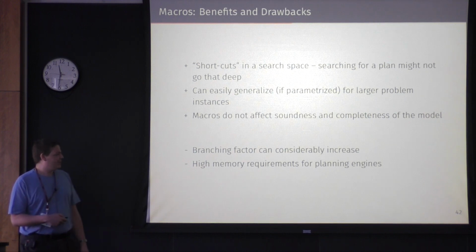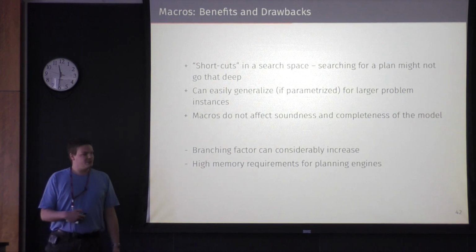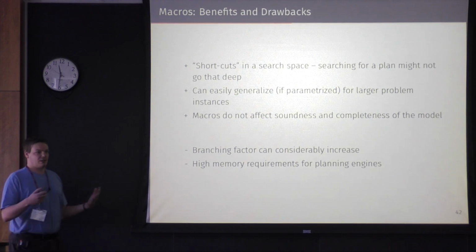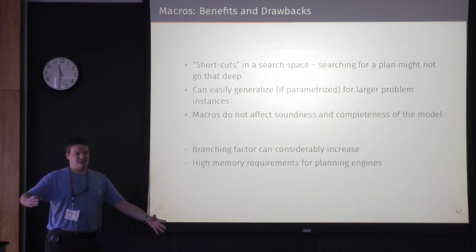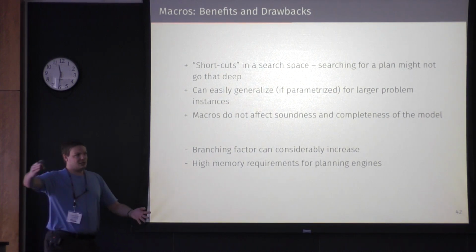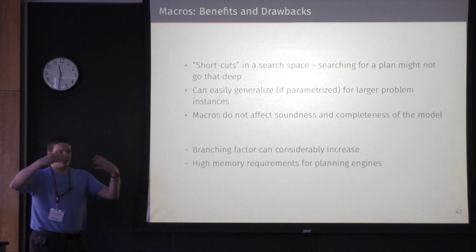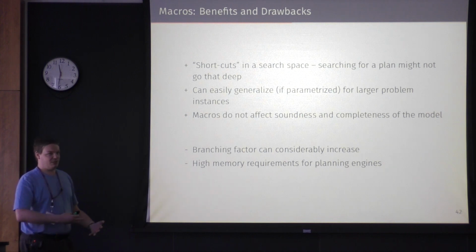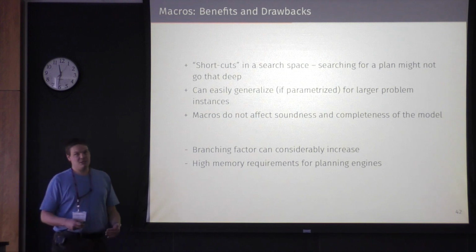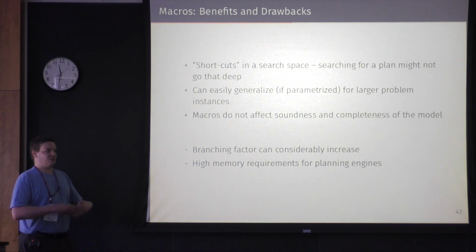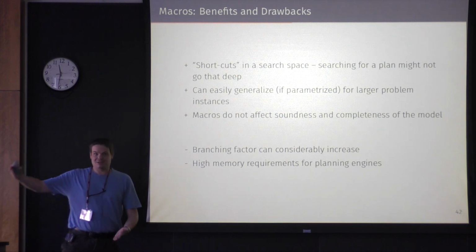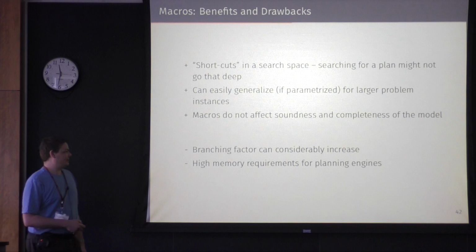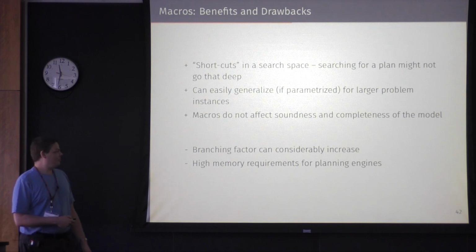So the problem with macros is solvable if and only if the original model is solvable. On the other hand, the problem with macros is that they can have a lot of instances because they cover sequences of operators, which usually means they need more parameters, and you need to instantiate those parameters, so you have many more combinations. In other words, the branching factor, which means how many actions are applicable in a certain state, can be much higher.